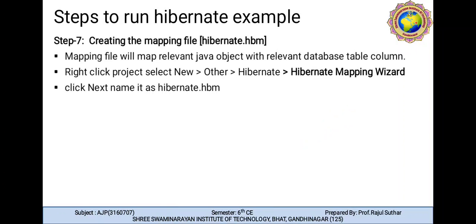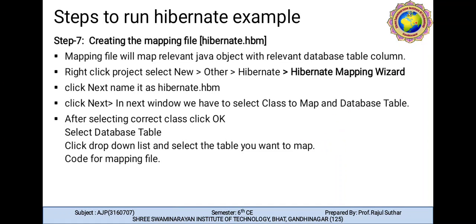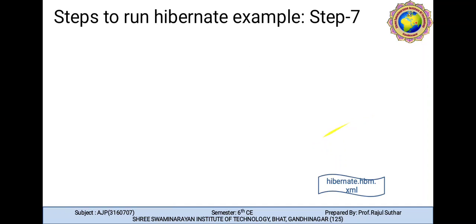Just click next, and name it hibernate.hbm. In the next window, we have to select the class to map and the database table. After selecting the correct class, click OK. Select the database table: click the drop down list and select the table you want to map, and the code for the mapping file is generated.